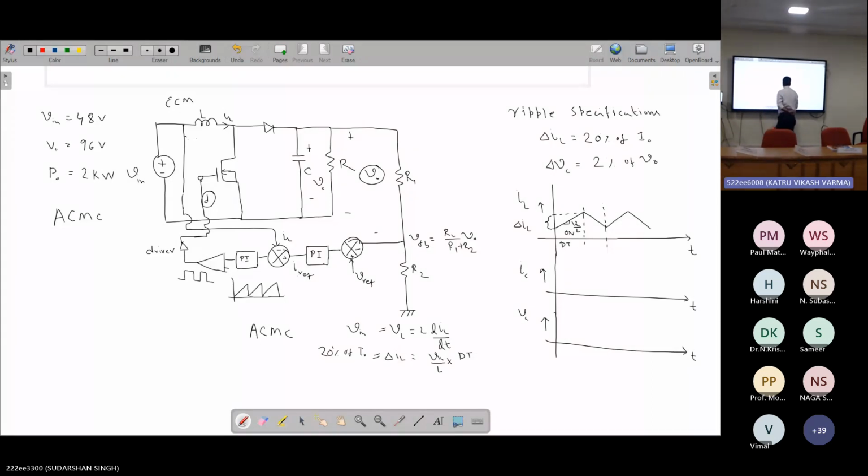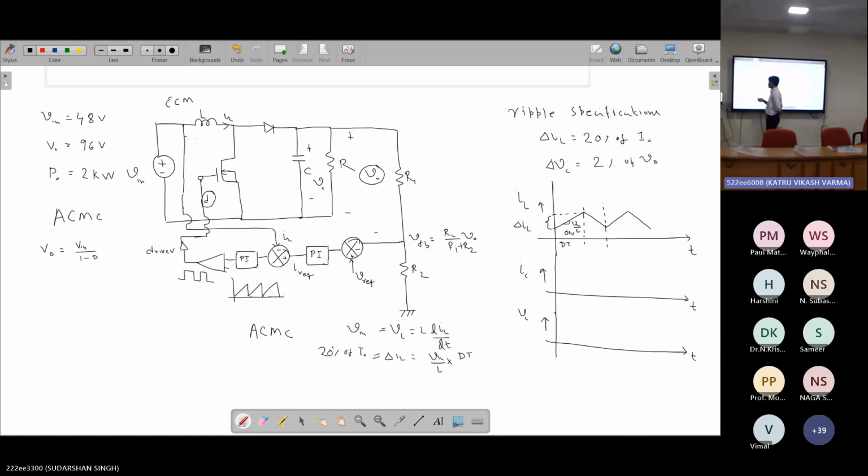D, you know that for a boost converter, the output voltage and input voltage relationship is V0 equals Vin by 1 minus D. For any converter, you can find out the input output voltage relationship by either inductor volt second balance or capacitor charge balance.